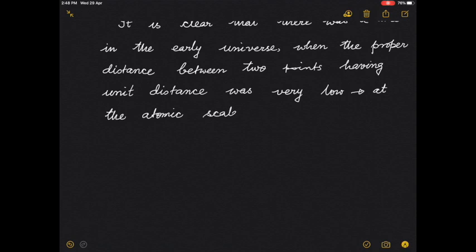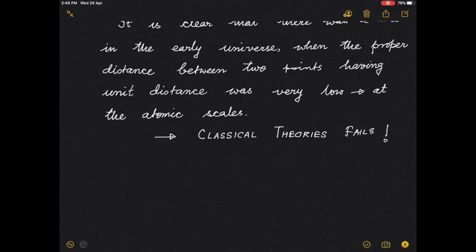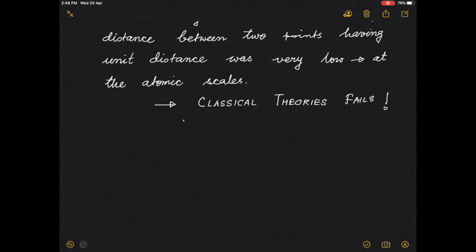And I don't even need to go smaller, because at the atomic scales, all the classical theories, classical meaning not quantum, fail. So does our expanding universe model.